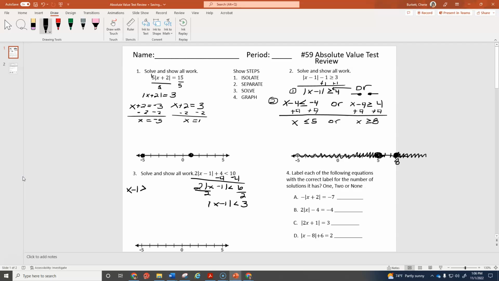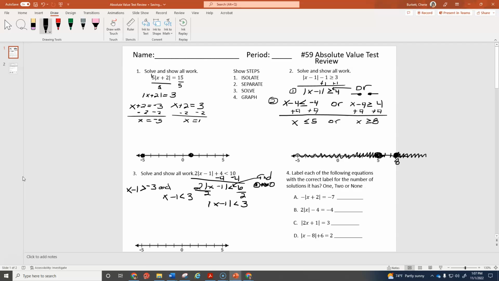Switch the direction of the inequality and get -3. Look at this one right here. That is an AND, and it means I'm going to have open circles with the part in between filled in. So I anticipate that's what my graph is going to look like. X minus 1 less than or equal to +3.